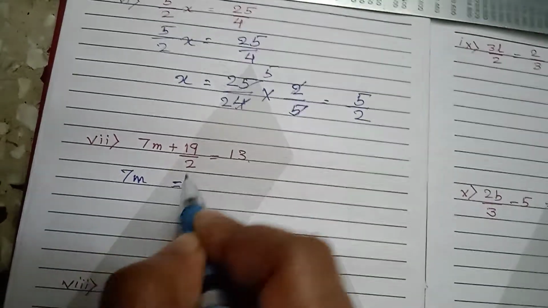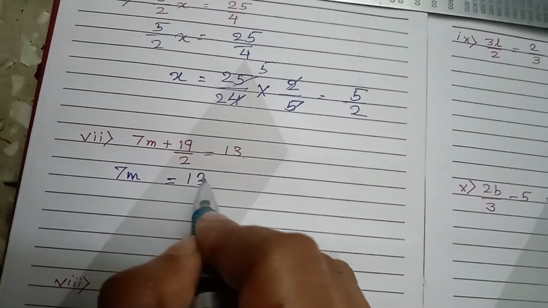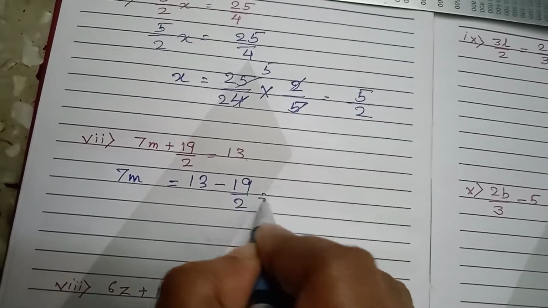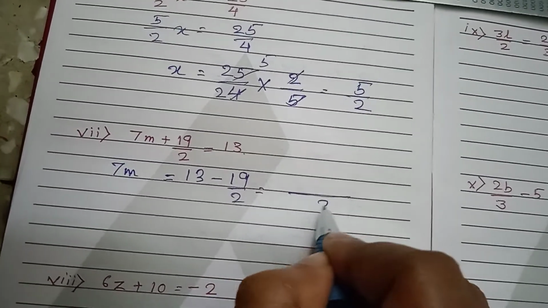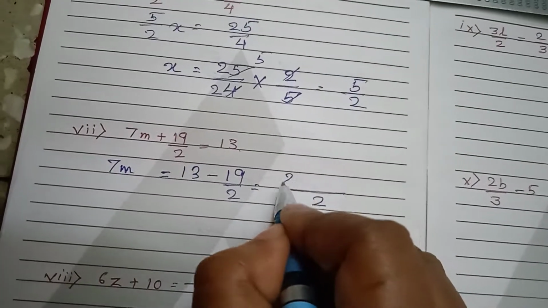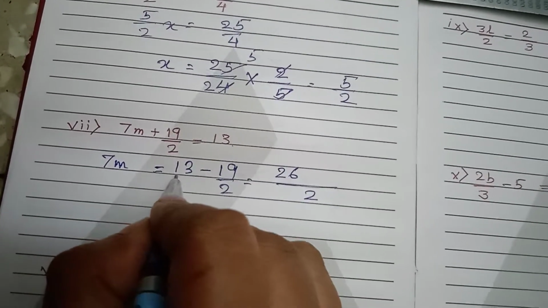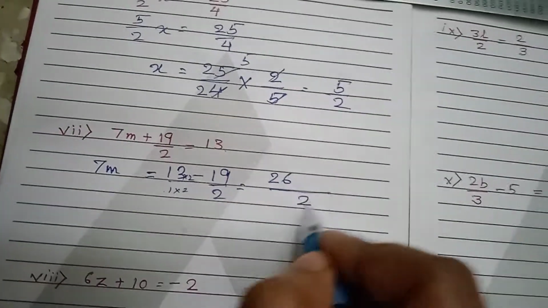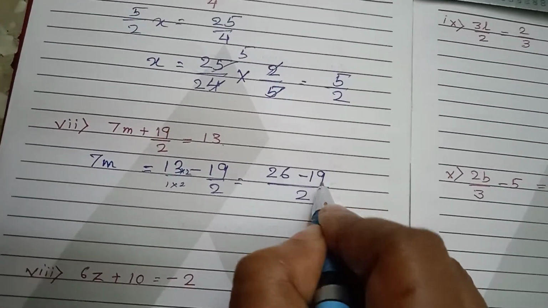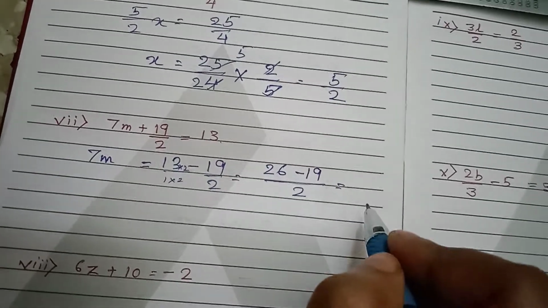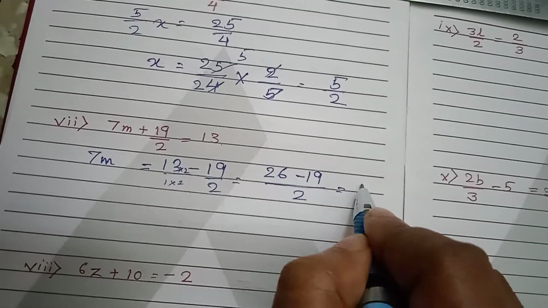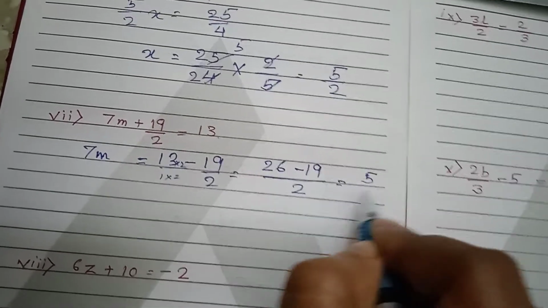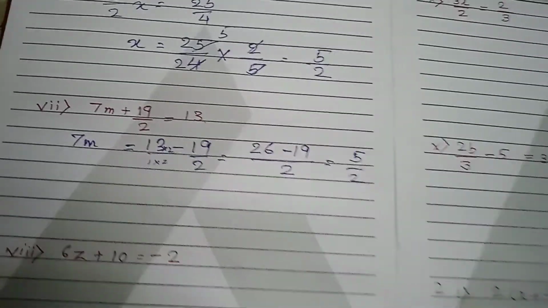7m is equal to 13. 19 by 2 goes to the other side, becomes minus 19 by 2. Take the LCM as 2. So 13 becomes 26, because if you take it as 2, here it is 1 into 2, it will happen on either side. 26 minus 19. So what will it be?